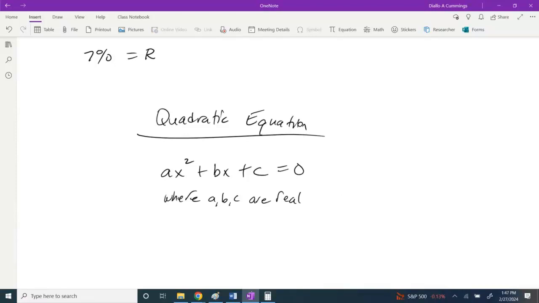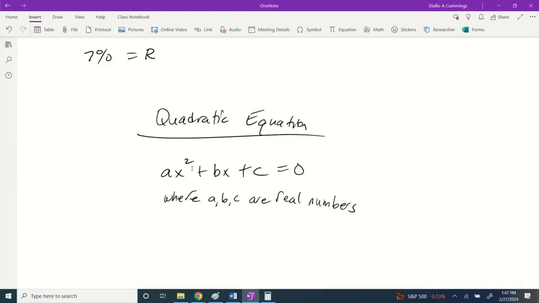The only variables are x squared and x. Since one of the variables is raised to the second power, this is what makes it a quadratic equation.